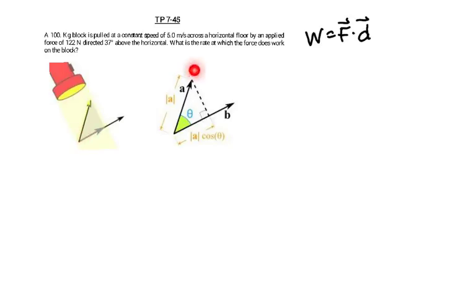It's taking the magnitude of the first vector and projecting it onto our second vector. And the part that is parallel to our second vector happens to be the adjacent side of this triangle we make between the two vectors.